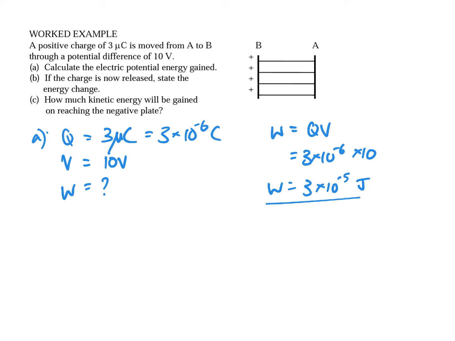The charge is now released. State the energy change. So we've given it electrical potential energy, and that would then convert back, if you now released it, into kinetic energy.